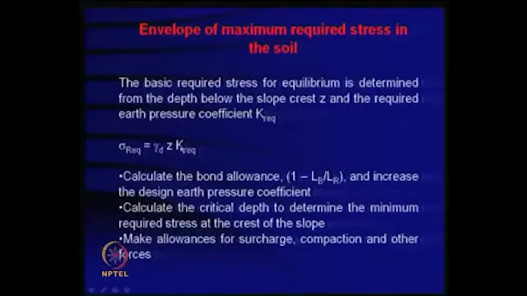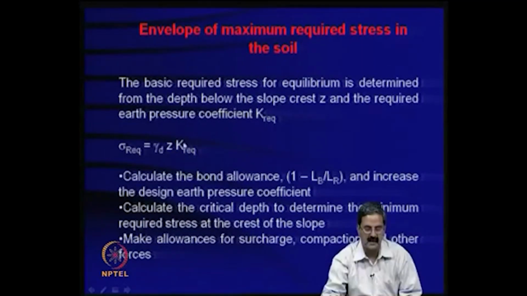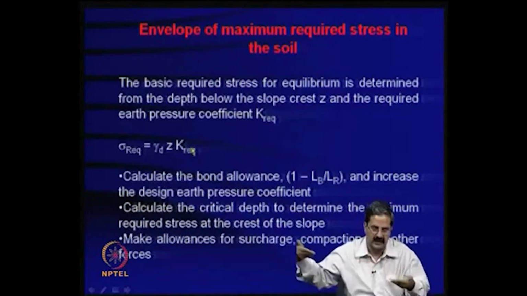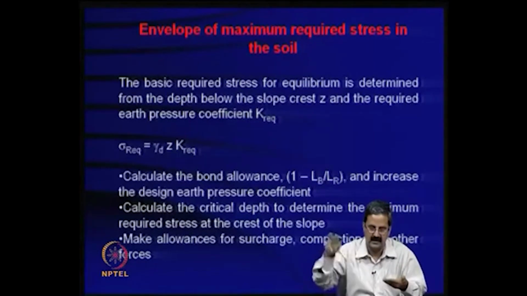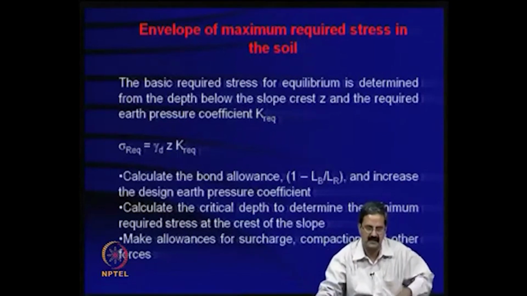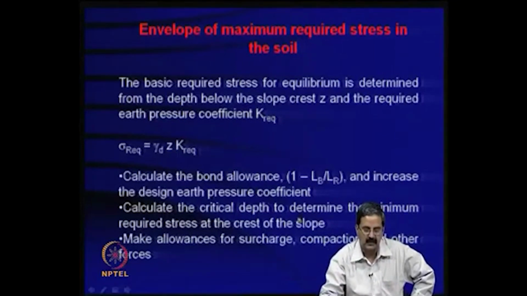For all these earth pressures, we assume a total force acting and calculate the K required, but the K required should be a little higher. Why? Because the reinforcement is at some inclination with reference to the failure surface. To make that correction, we use a factor of 1 minus LB by LR and increase the design earth pressure coefficient.